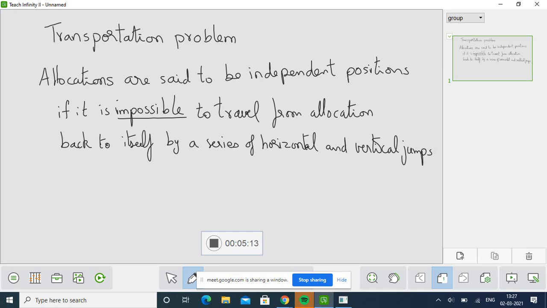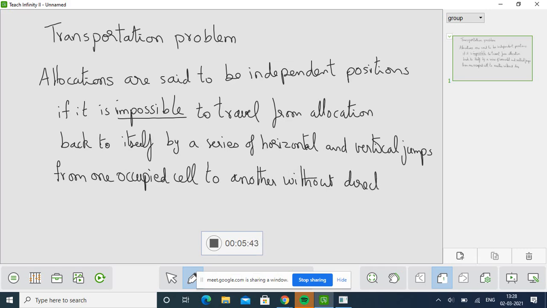Horizontal and vertical jumps from one occupied cell to another, without direct reversal of the route.